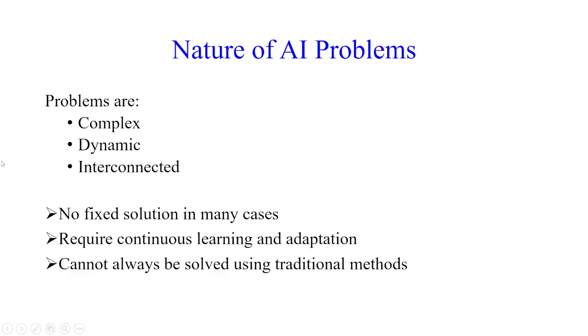For example, in healthcare, a diagnosis is connected to the treatment, which connects to the drug availability. So there will be a connection between the problems. And for all these things, is there a fixed solution? No fixed solution in many cases. We say in maths 3 plus 3 is 6, but these kinds of real-time problems do not have a fixed solution.